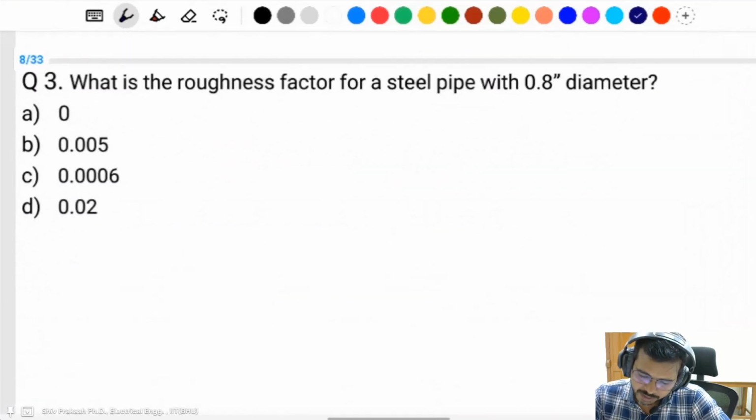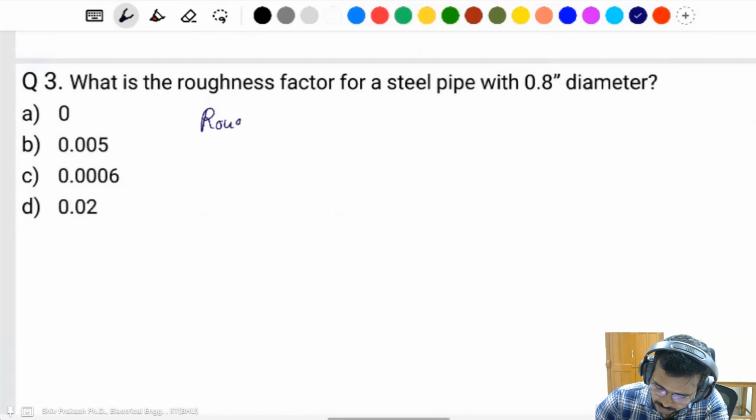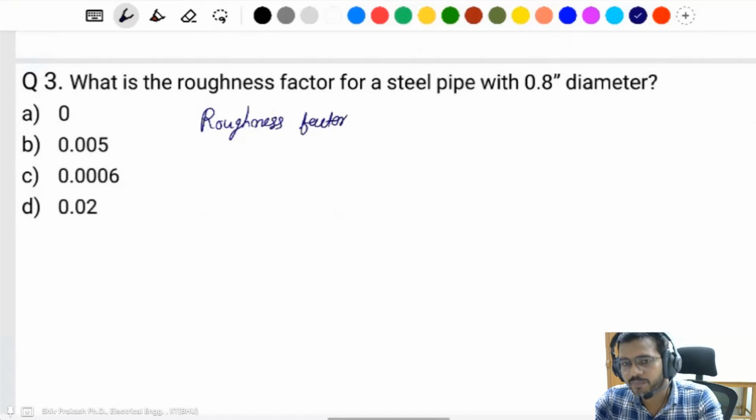Now, what is the roughness factor for the steel pipe with 0.8 inch diameter? The roughness factor depends on the material, which material the pipe is made of, like a PVC pipe or cemented pipe or concrete, or a steel pipe.